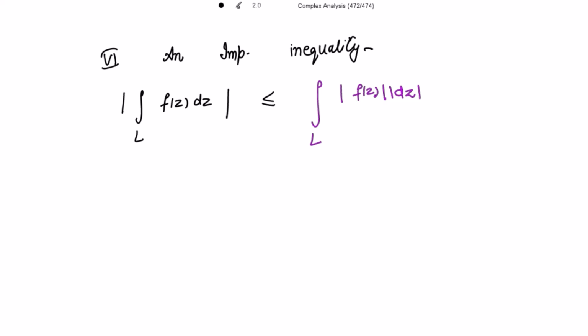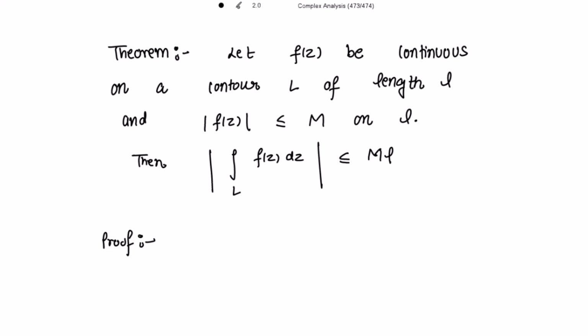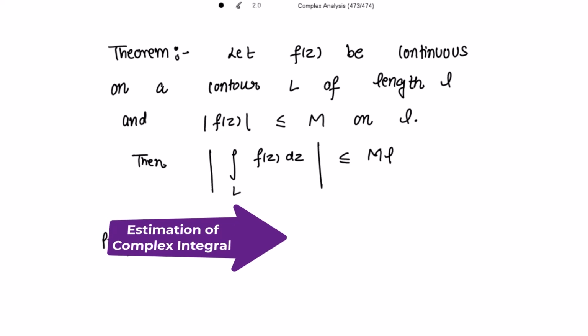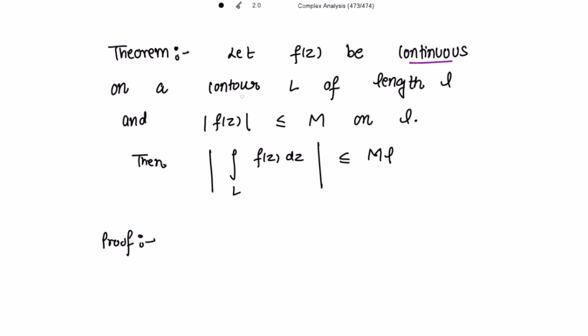Let's move on to the theorem now. This theorem is also known as the estimation of a complex integral. Let f(z) be continuous on the contour L of length small l. The length of the contour is the integral of mod dz over L, which is given to be equal to small l.